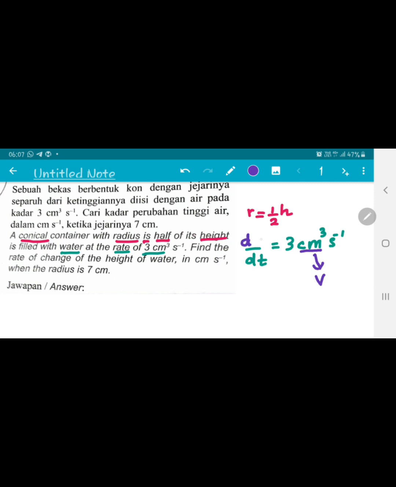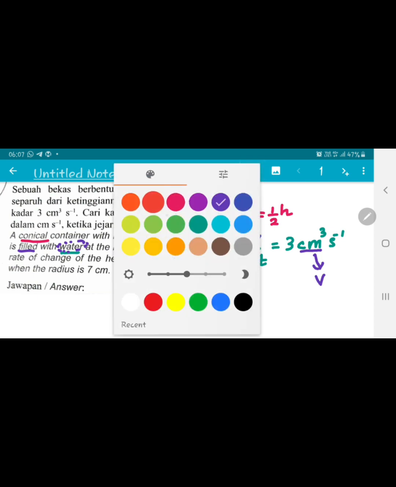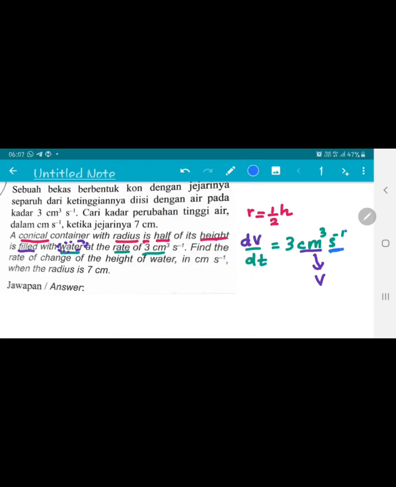So that's why on top you write dV, change in volume. Filled with water here means volume of water, and the second is the unit for time. So we have dV over dt.